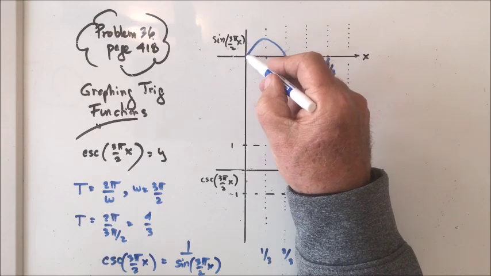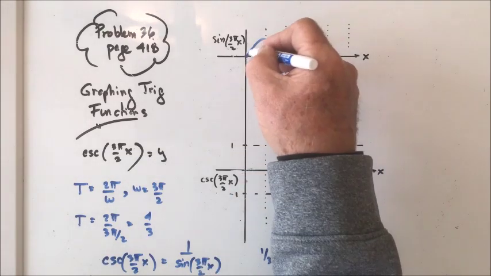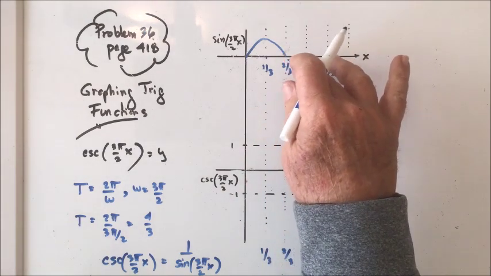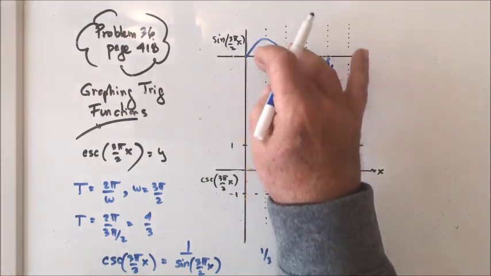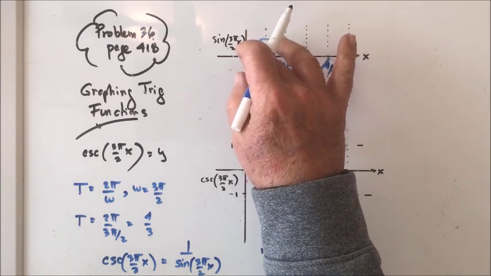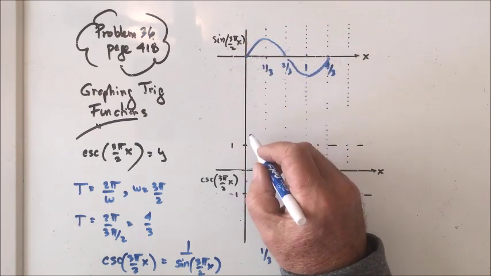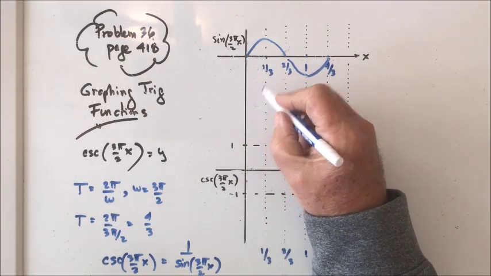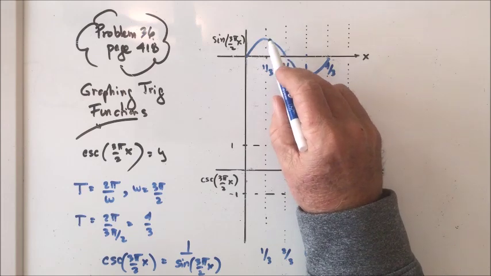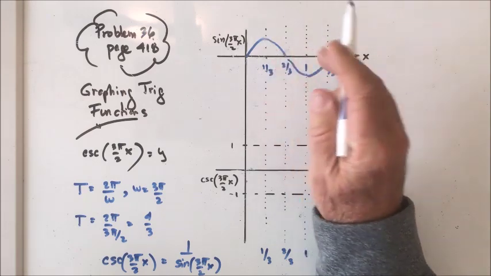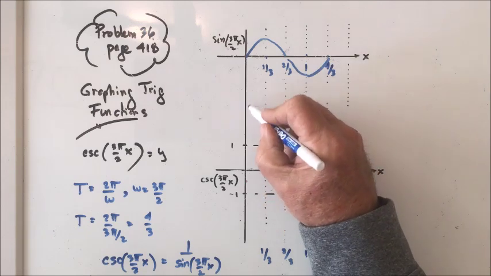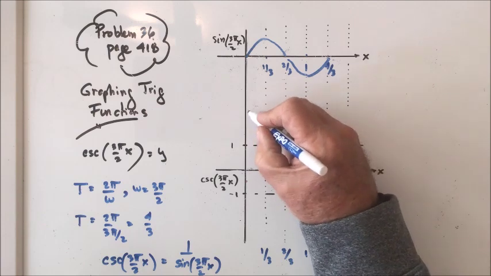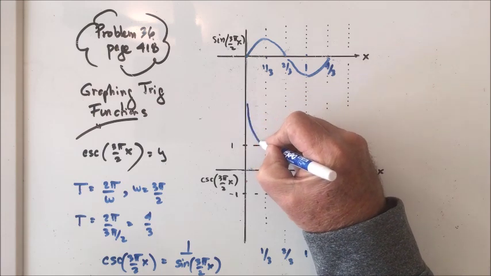So as sine gets uncomfortably close to 0 on the positive side, the cosecant gets uncomfortably close to infinity. And then what happens at this maximum value of 1? Well, 1 over 1 is 1, so the cosecant ends up at 1. In this case, the cosecant looks like this.